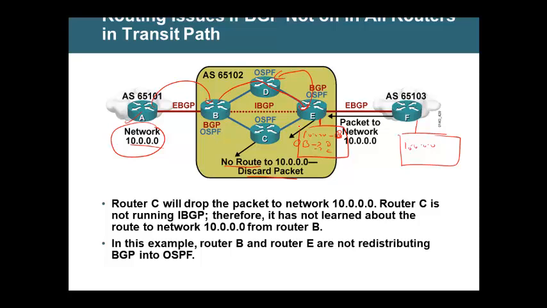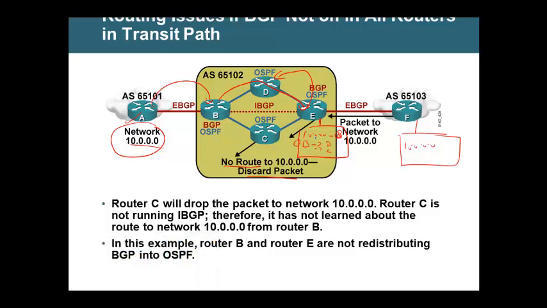B is sending the update to which address? Its neighbor's address, E. That is the delivery address. So E will simply forward the update. That is how E learnt about this 10 network.